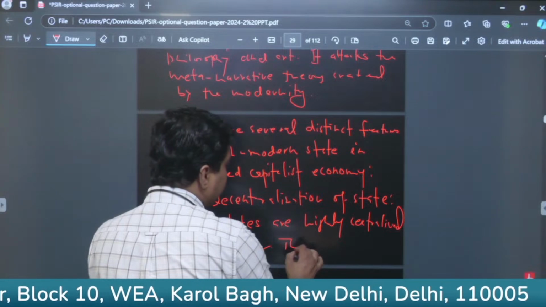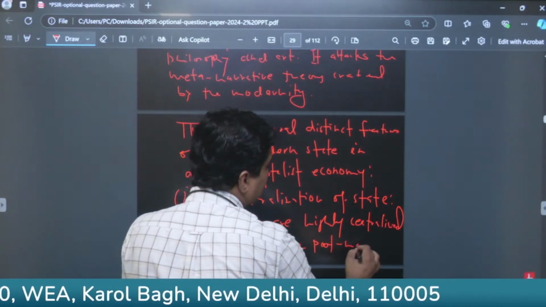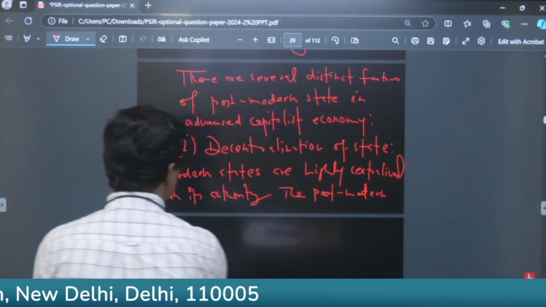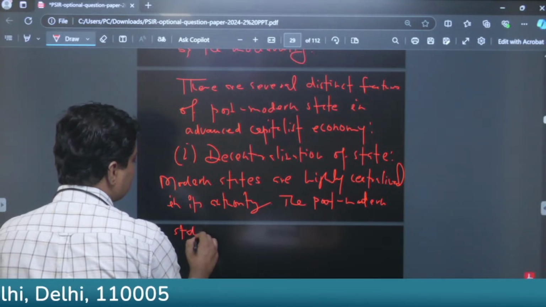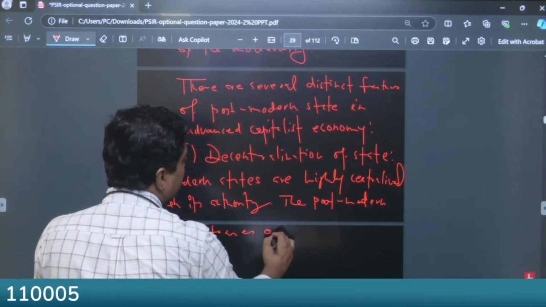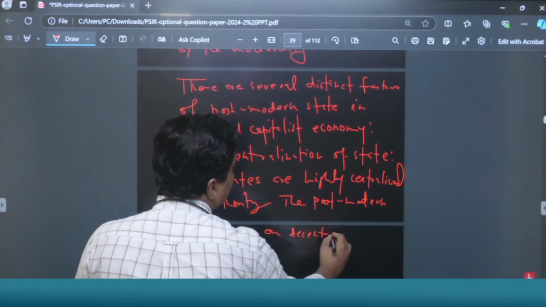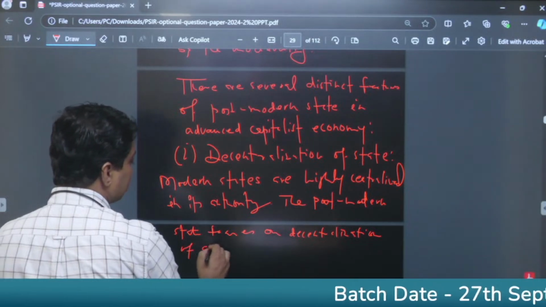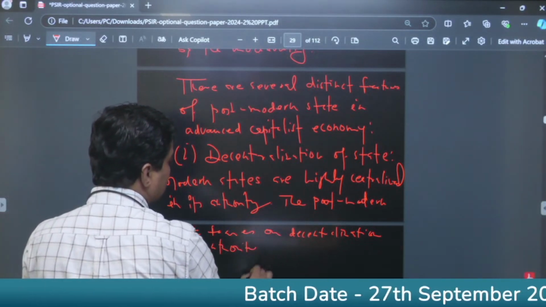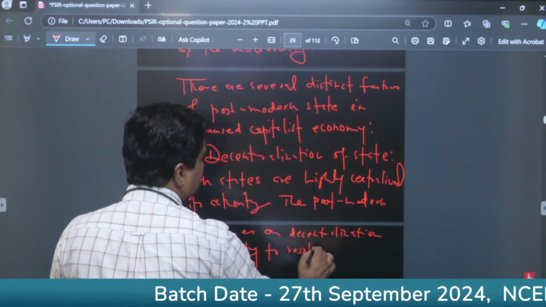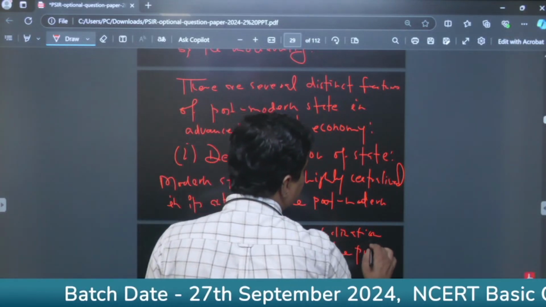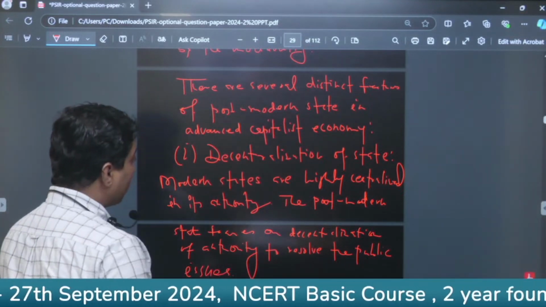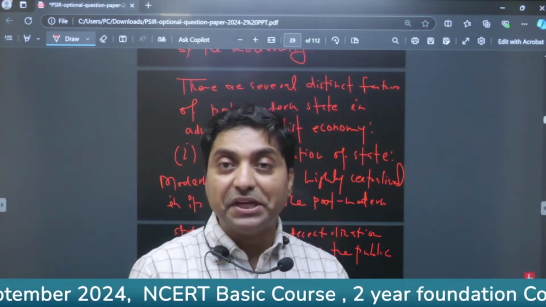The postmodern state focuses on decentralization of authority to resolve public issues. The importance of local government was actually a postmodern appeal, you can say.